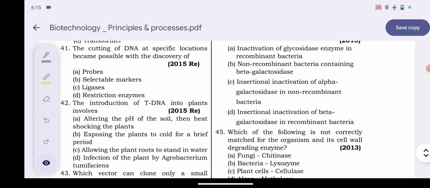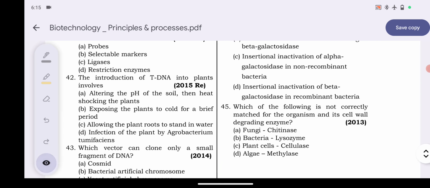So here the answer is option number D, restriction enzyme. Okay, explanation. Two enzymes that limit the proliferation of bacteriophage in bacteria were found in 1963. The second enzyme recognizes a specific DNA sequence and cuts the DNA molecule at a specific location. So D option is the correct answer.